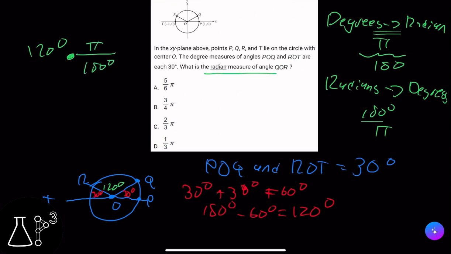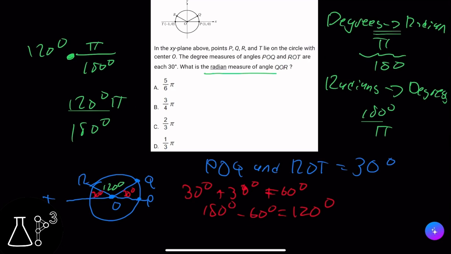If we write that as a fraction, we get 120 over 180, times pi. If we divide 120 by 180, we get 0.666 with many sixes, and then 7. And if we compare that to C, which is 2 pi over 3, if I do 2 divided by 3, I still get 0.666 with many sixes, and then 7.